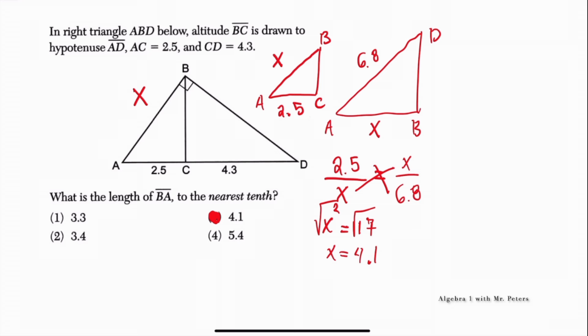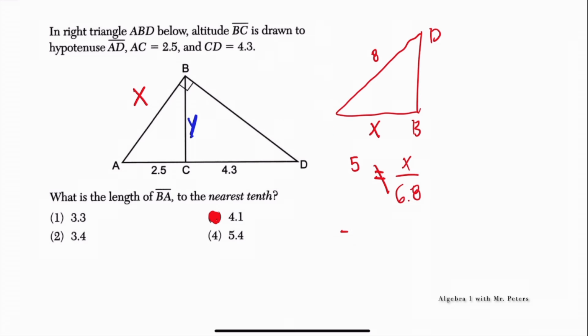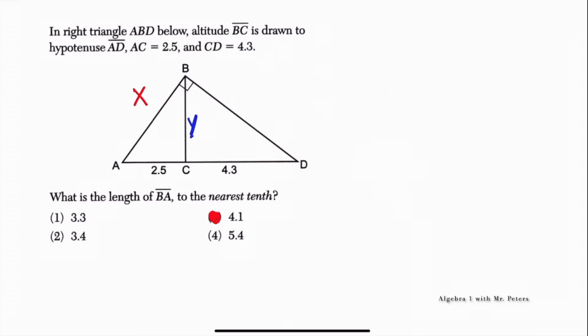Now, another way to do this is to take into account the altitude. So let's say we substituted the variable y for the altitude. If we chose this part instead, 2.5 over y is now equal to y over 4.3.